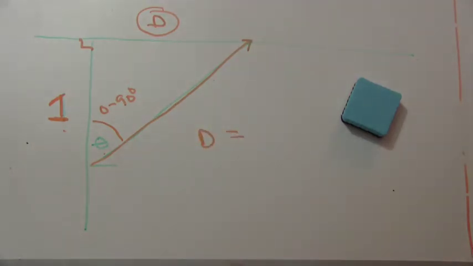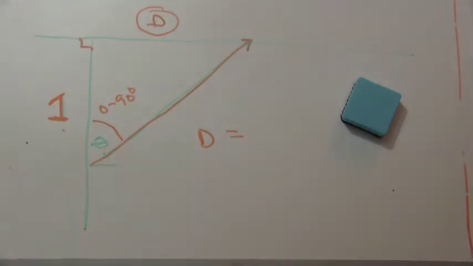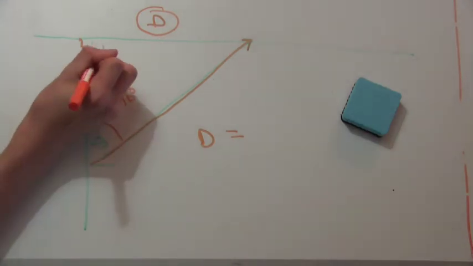That's sine theta. Here. D. I'll help you. You can draw the right angle in the triangle if you want to see where that right angle's there.